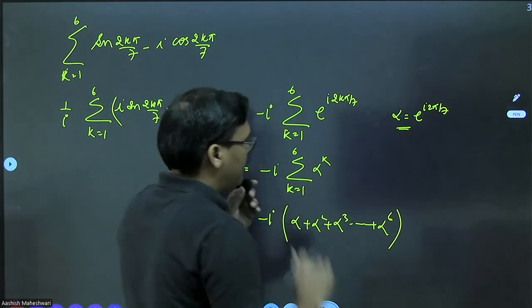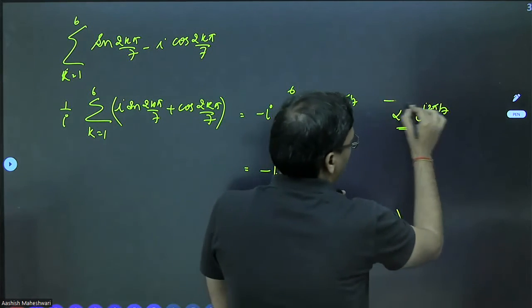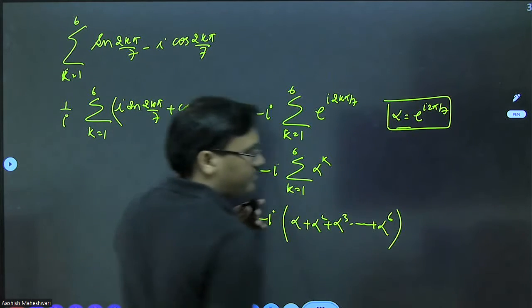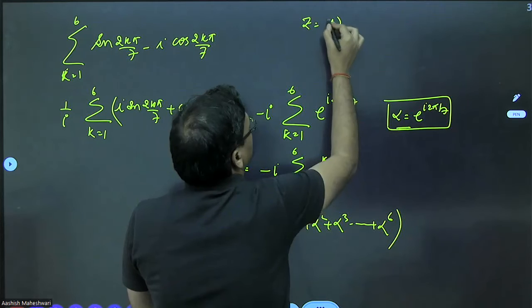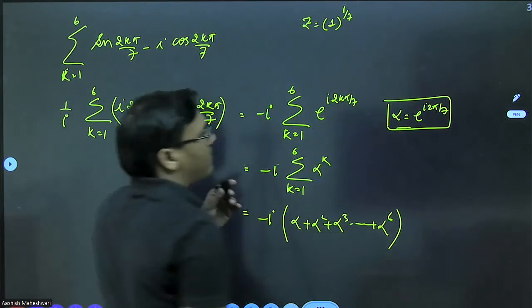Now, understand this. If you have alpha is equal to e raised to iota 2π/7, what are the seventh roots of unity?